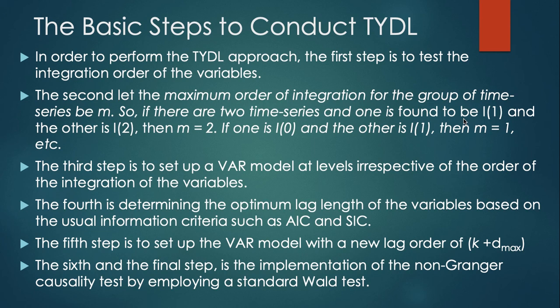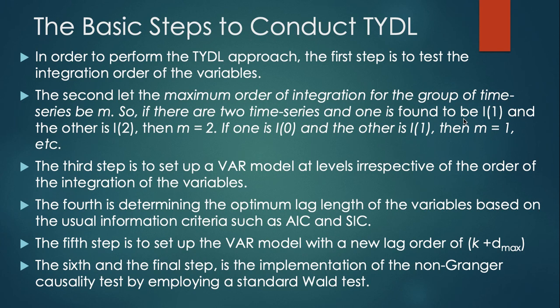The third step is to set up a VAR model at levels. Repeat, at levels, irrespective of the order of integration of the variables. Whatever you find, whether the variables are I0, I1 or I2, when you set up the VAR, you set it at levels.